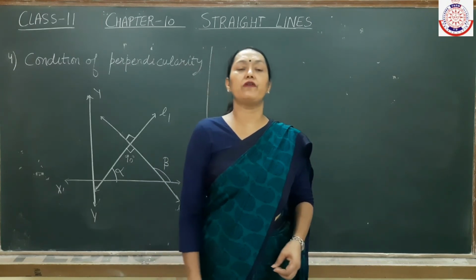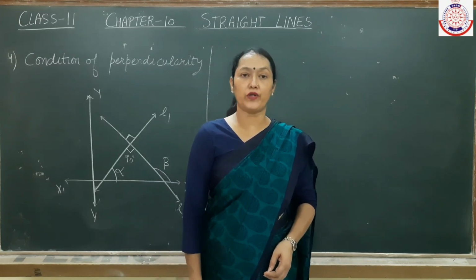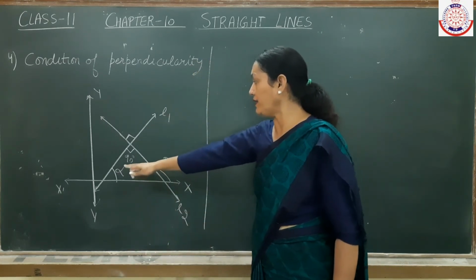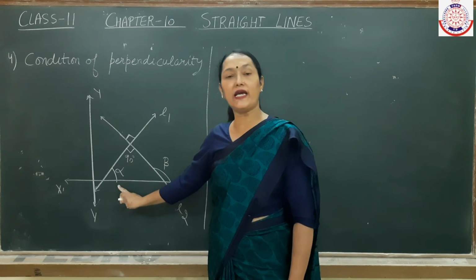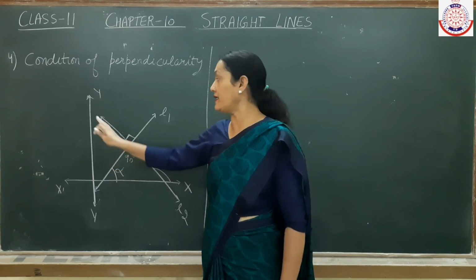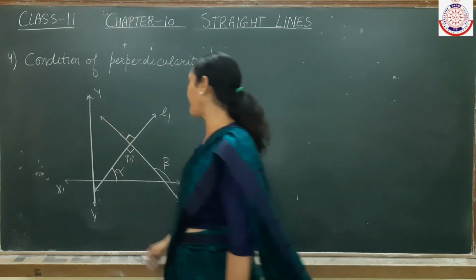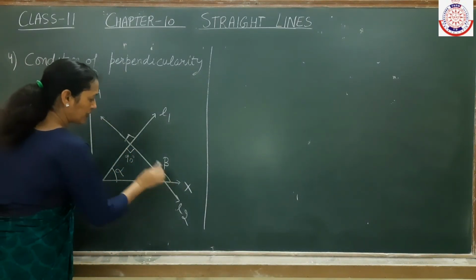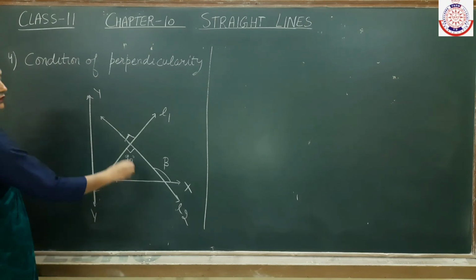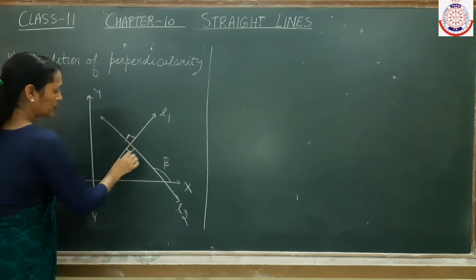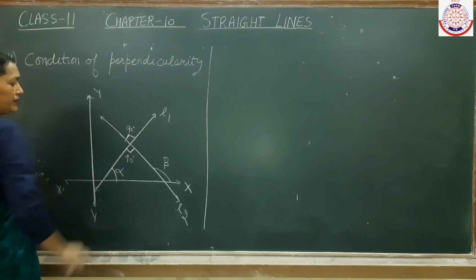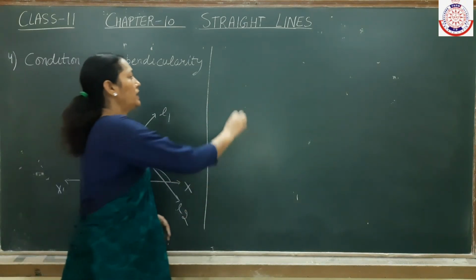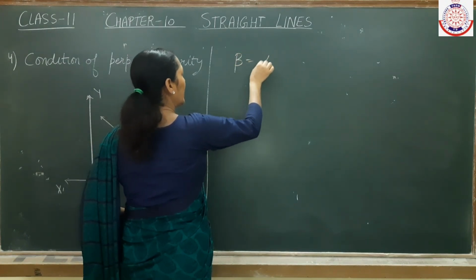Next, what condition will there be if two lines are perpendicular to each other? For example, we have taken line L1 making an angle of inclination with the x-axis as alpha. Another line L2 we have drawn perpendicular to the first line, making an angle of inclination beta. This is 90, vertically opposite, this will also be 90. Using the exterior angle property of a triangle, angle beta is equal to alpha plus 90.